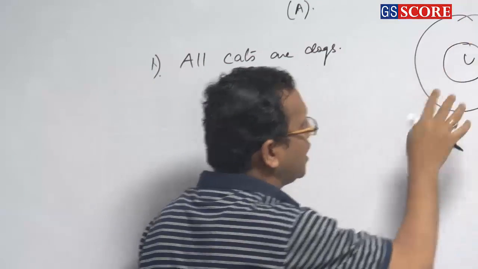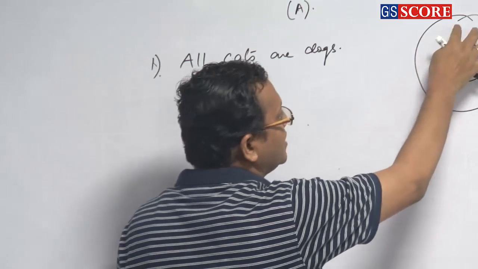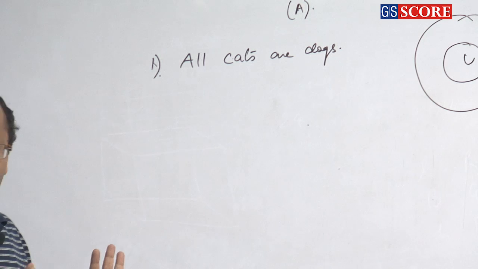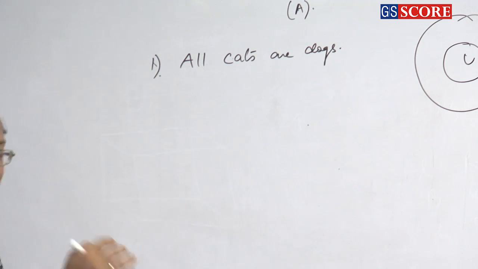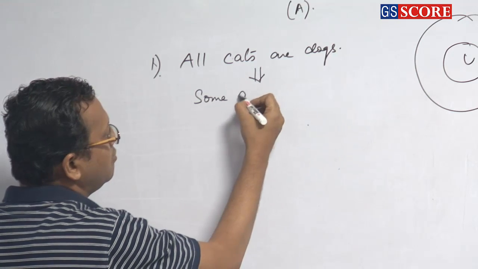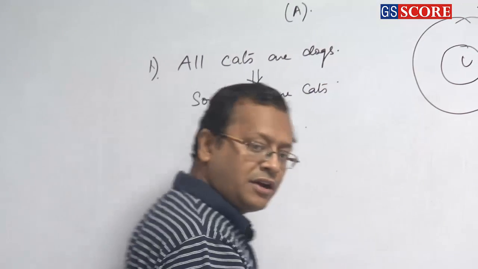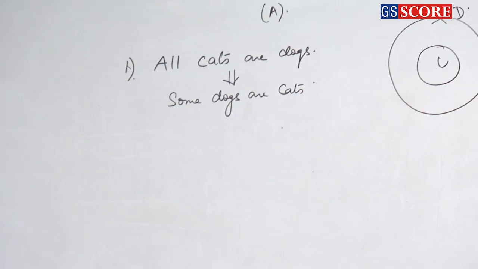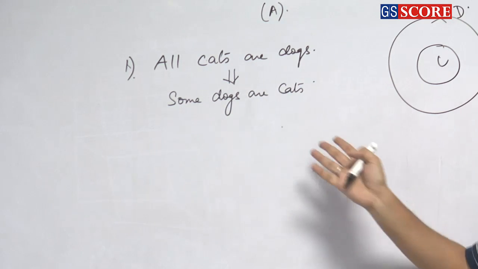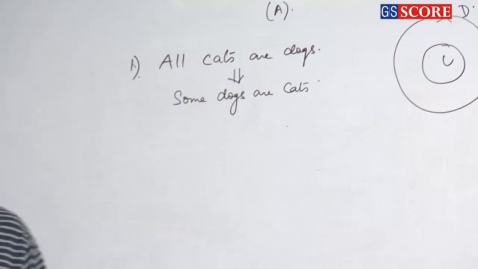What is the conclusion that follows? If all cats are dogs, some dogs are cats. Not all dogs are cats, the vice versa will not follow. But some dogs are cats. Just remember this thing. If all A's are B's, then some B's are A's, but not all B's are A's.